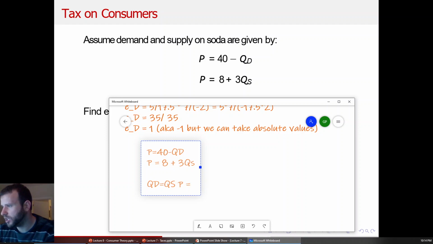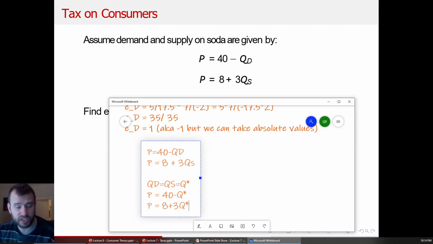Let's break it down. P equals 40 minus Q, and I'm going to set them both equal to Q star. P equals 40 minus Q star, P equals 8 plus 3Q star.